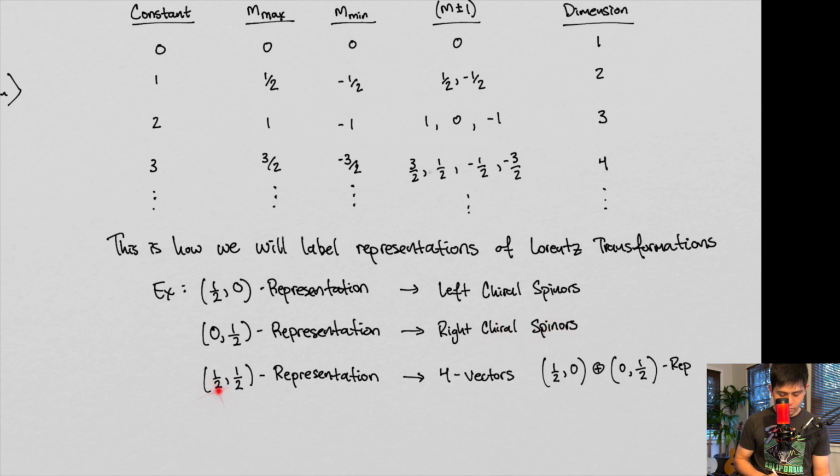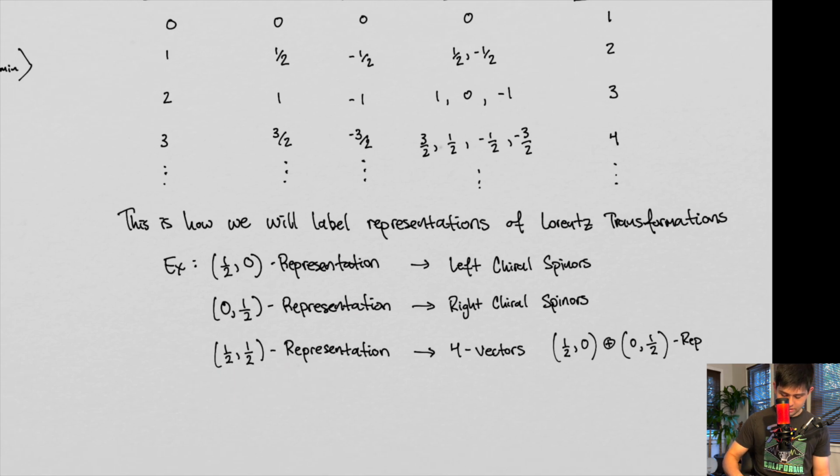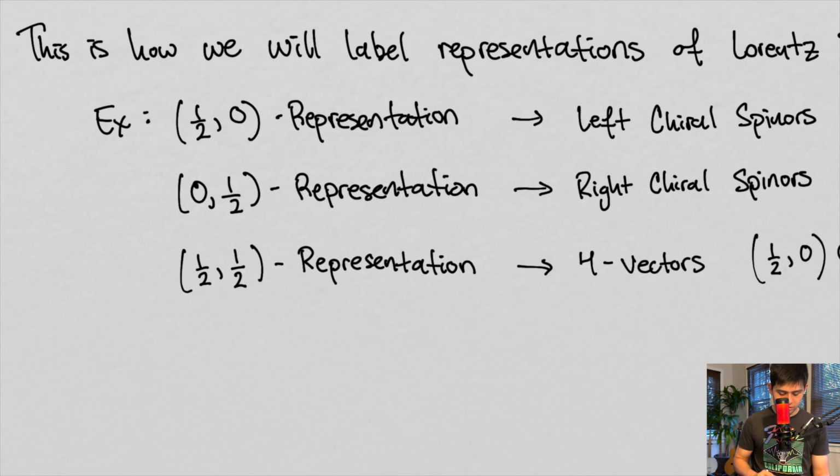And then we're going to have the 1/2, 1/2 representation. And what we're going to find there is that they are going to be the things that act on four vectors. And more precisely, these guys, I'm realizing right now this is a little small, so I'll blow it up.